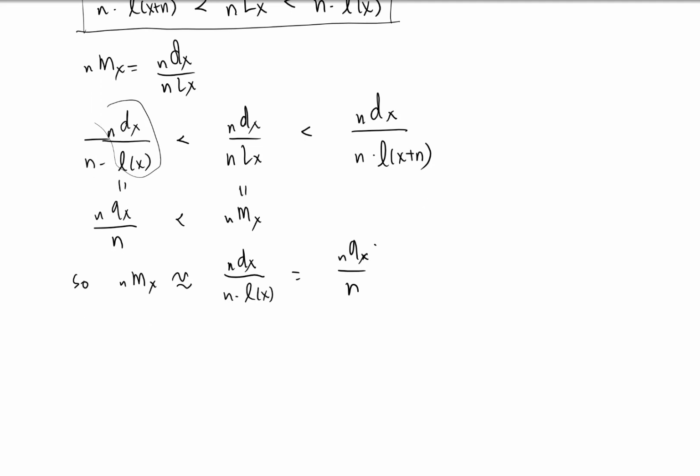So either we can say n times nmx, the rate, gives us the 5-year or n-year probability of dying, or we can say that the mortality rate is the probability of dying divided by the number of years, n, and these are approximately so you can know the order of magnitude of these things.